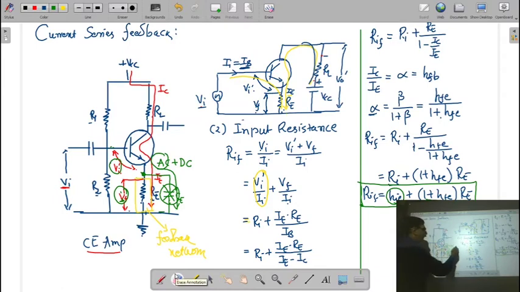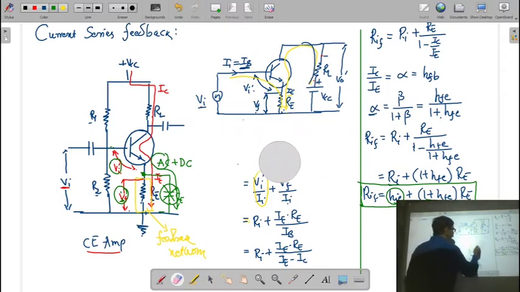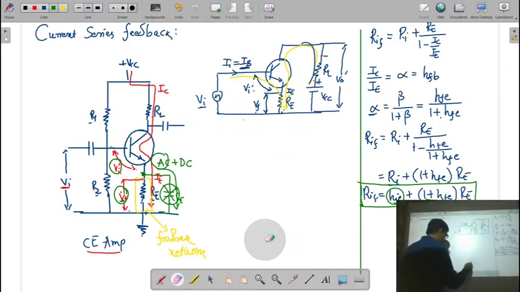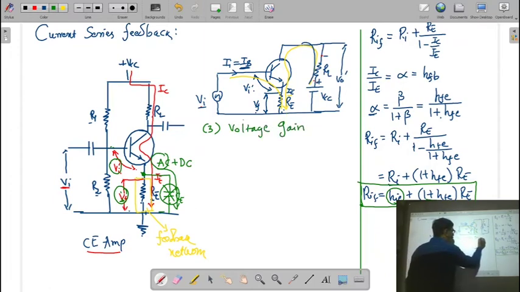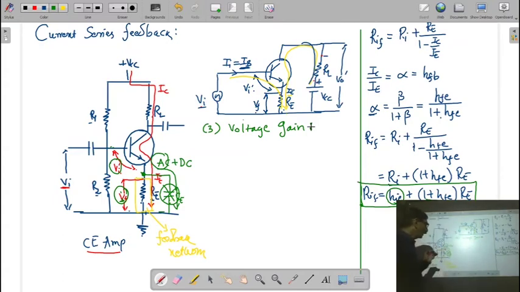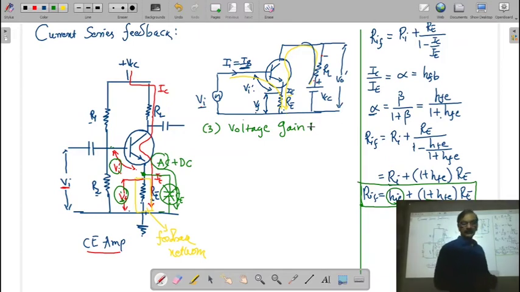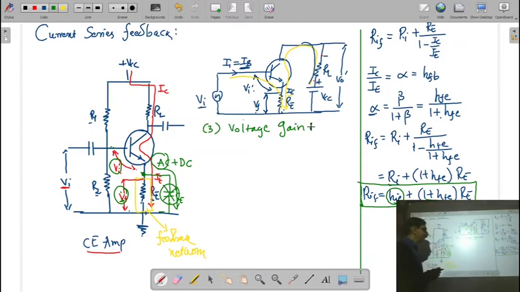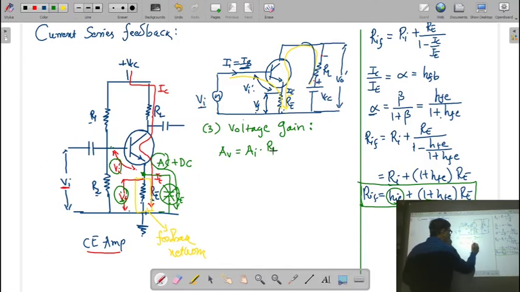Now let us see what is the effect on the voltage gain of the amplifier. So, the standard formula for the voltage gain of any kind of amplifier, we can write as AV is equal to AI into RL divided by RI.